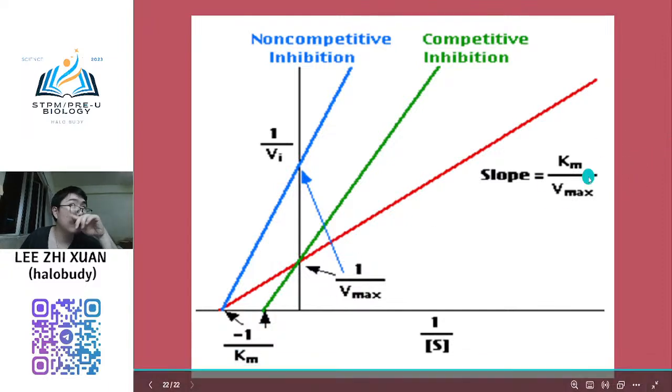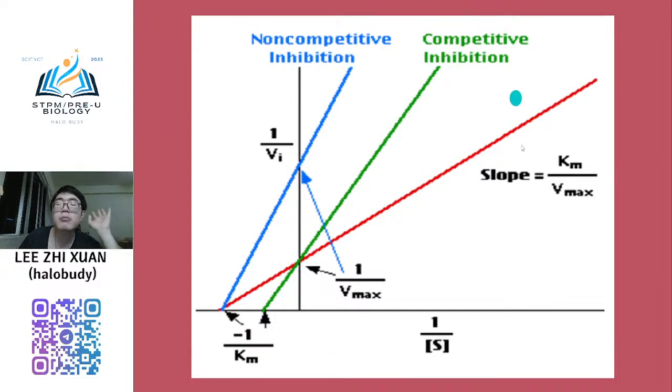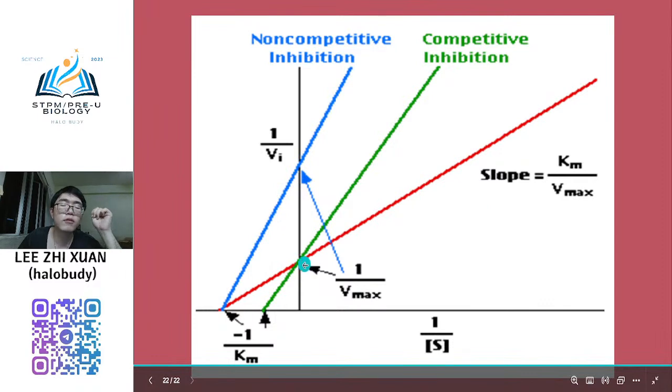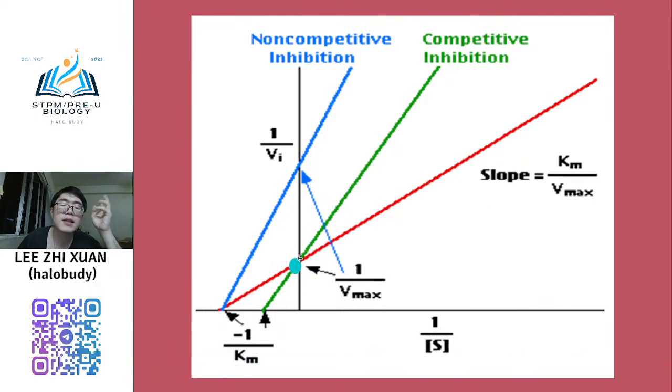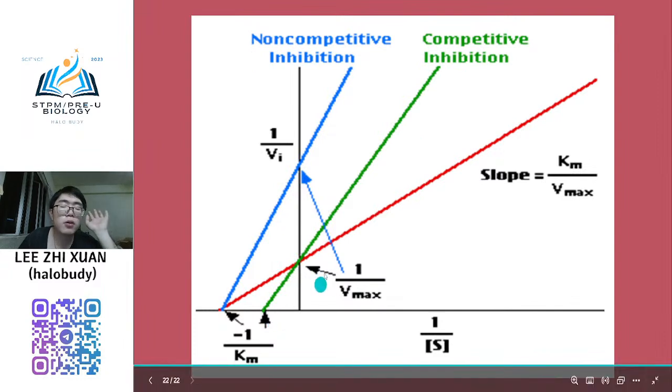Maybe they give an equation and want you to find the intercept, and then based on the intercept, determine whether it is competitive or non-competitive. You find the Vmax and compare it to the normal one. So do you think this is competitive or non-competitive?